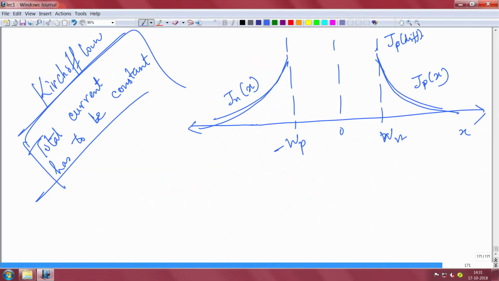So, the hole current and the electron diffusion current will decay on the other side. If you recall, I will talk about only the N side, how the holes are decaying, because the same thing can be applied to the P side.